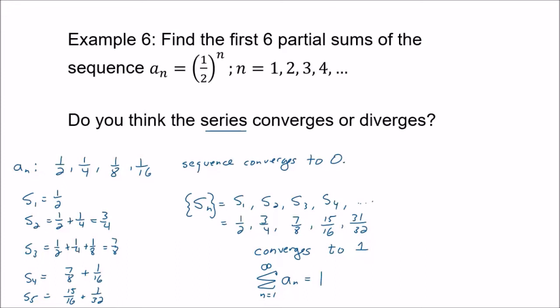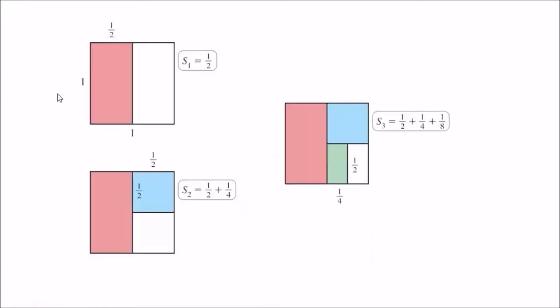A great way to visualize what's happening with these terms is to think about a box. So the area of this square, the whole square, this 1 by 1 square, the area of this whole thing is 1. So if I cut it in half and I just look at this shaded area, that shaded area is a half, which is our first partial sum.